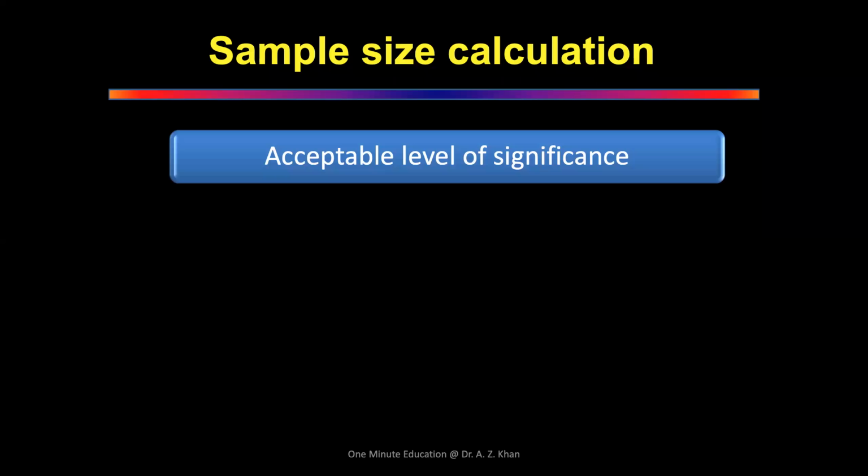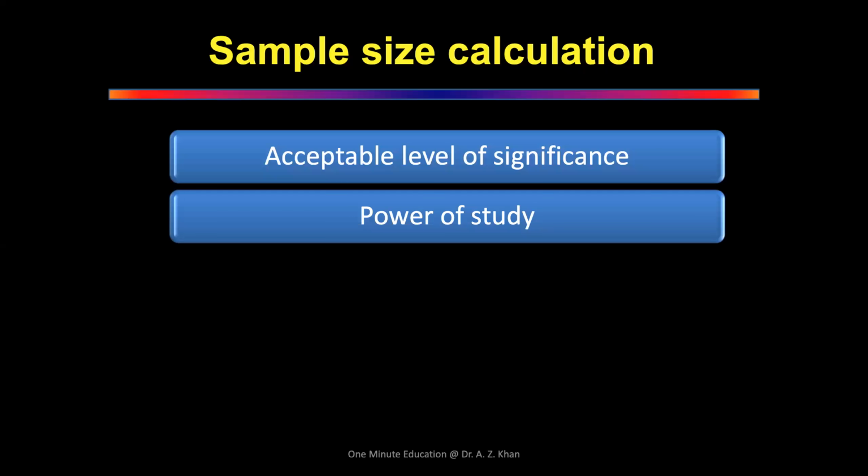Whether you're willing to accept 95%, 98%, or 99% level of significance. Higher the level of significance, what happens to the sample size? Larger is the sample size. If you're willing to accept 80% significance, then the sample size drops dramatically. So the first answer to sample size calculation is, what is the acceptable level of significance?